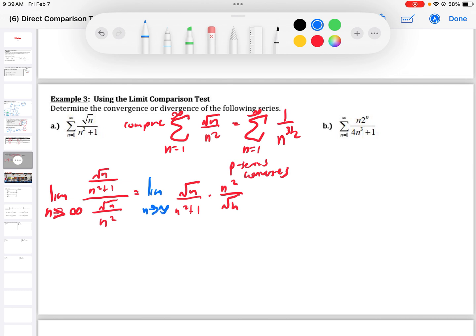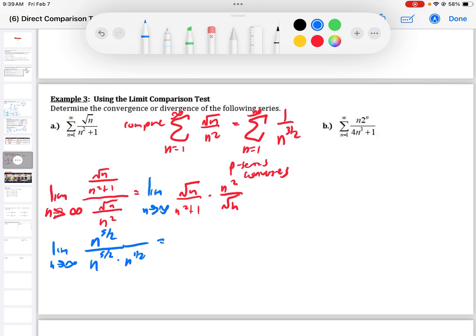So I would basically say the limit as n goes to infinity of, what would that be? n to the 5/2 over n to the 5/2 times n to the 1/2.